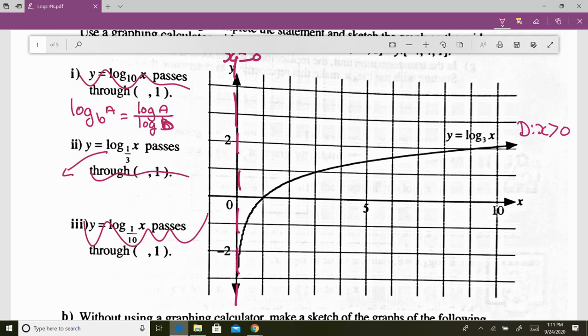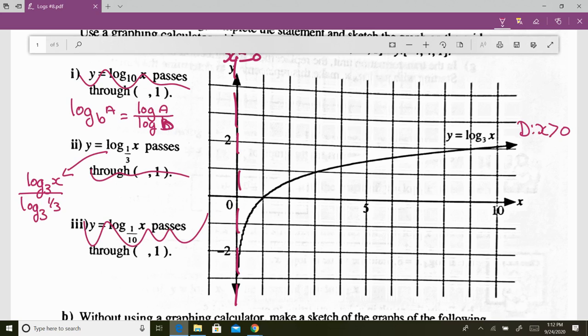These are equal. So if I'm going to do it to this one, I can change the base, and I'm going to change it to base 3. So that would turn into log base 3 of x, the argument, divided by log base 3 of the original base. Okay, that's just applying the formula.